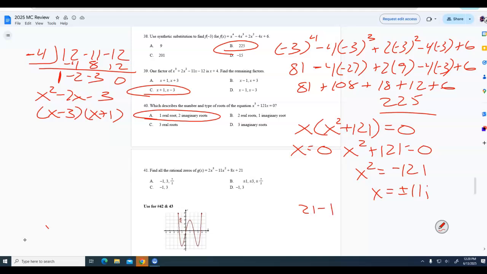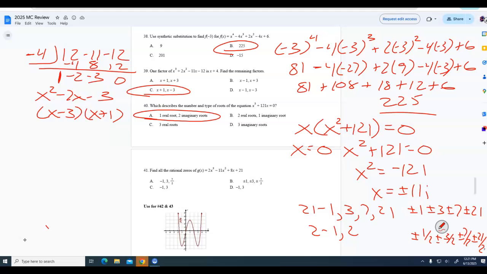So the factors of 21 are 1, 3, 7, and 21. The factors of 2 are 1 and 2. So you've got to come up with your possibilities first. Plus or minus 1, plus or minus 3, plus or minus 7, plus or minus 21. Plus or minus 1 half, plus or minus 3 halves, plus or minus 7 halves, plus or minus 21 halves.